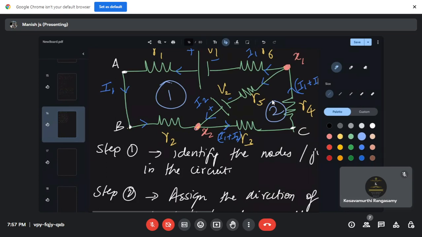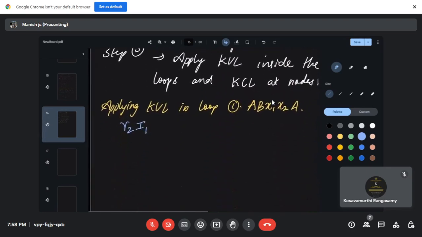Always remember the rule for a cell: if you touch the positive terminal first, you use a positive sign; if you first touch the negative terminal, you apply a negative sign. As you move from X2 to X1, which terminal of V2 do you touch first? Positive, exactly. So I will use the positive sign convention.